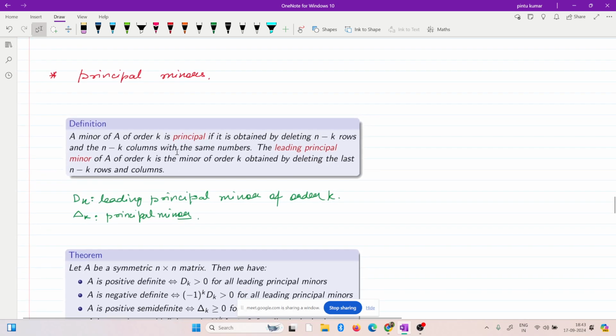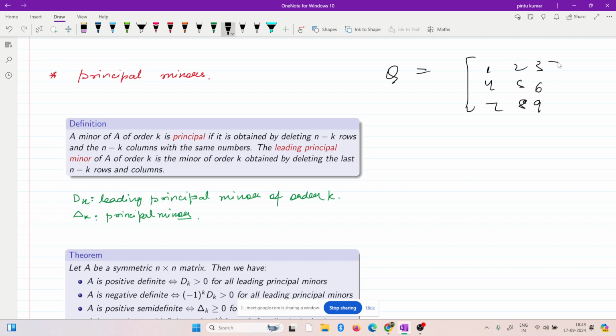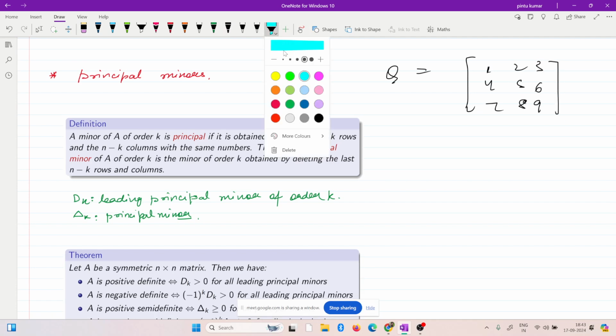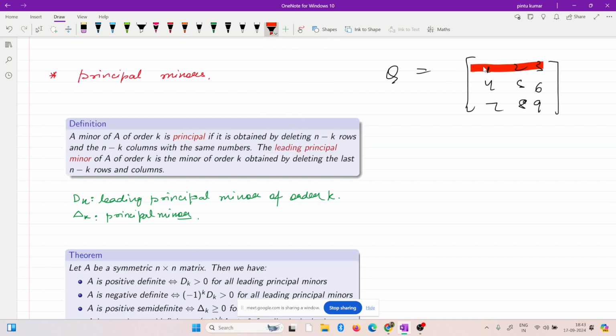First of all, you might know what a minor is. Let's say you have a matrix Q, something like 1, 2, 3, 4, 5, 6, 7, 8, 9. If you delete some row or some column, then whatever is left is called a minor of that matrix.